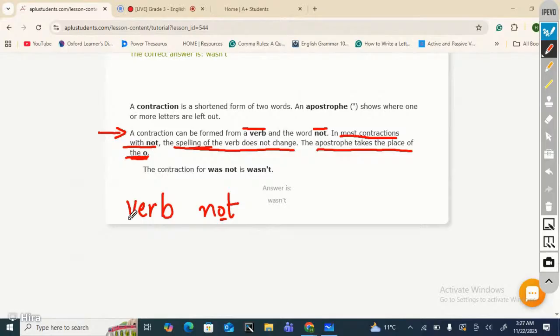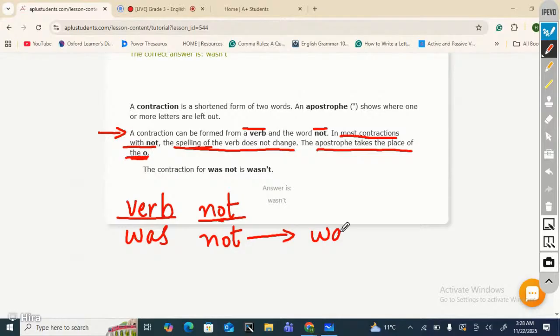So no change will be in the spelling of the verb, but in the word not, the one letter o is left out. Let's say the verb is was and the word not. Was not.